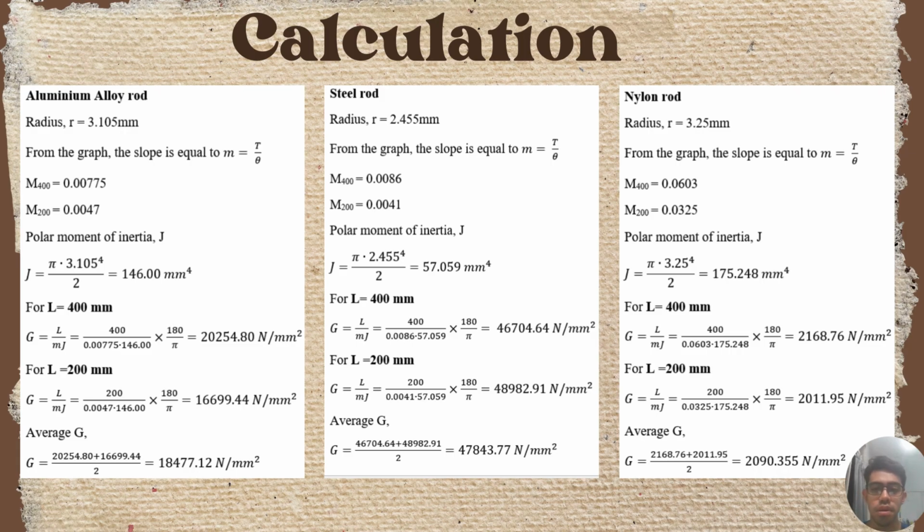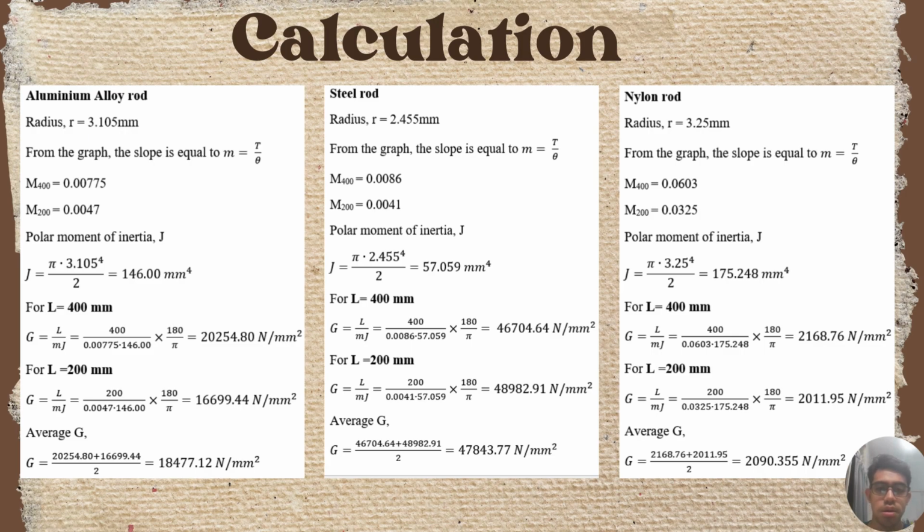And for length of rod, which is 200 millimeter, the modulus of rigidity is 16699.44 Newton per millimeter square. Next, we need to calculate the average modulus of rigidity, and we will get 18477.12 Newton per millimeter square.